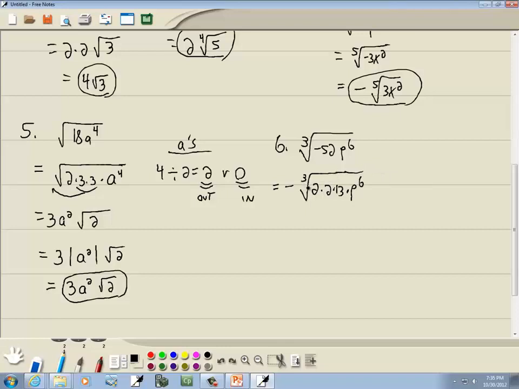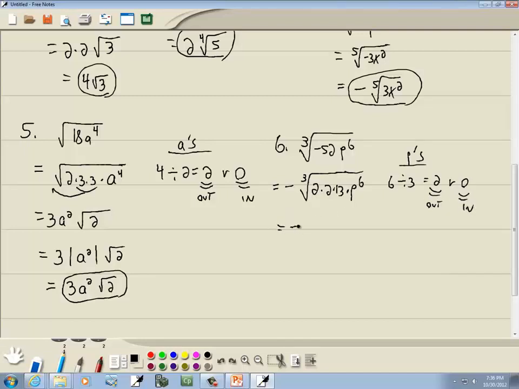Well, our index is 3. I'm looking for a set of 3 of something. And I don't see any 3 of any numbers here, so we can't do anything there but the p's. We're going to take our power, which is 6, divide by our index. So 6 here, divide by 3. That gives us 2 with a remainder of 0. This is how many come out, and this is how many stay in.